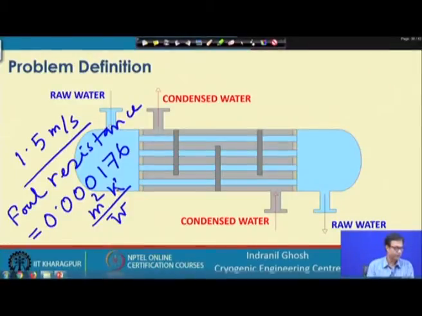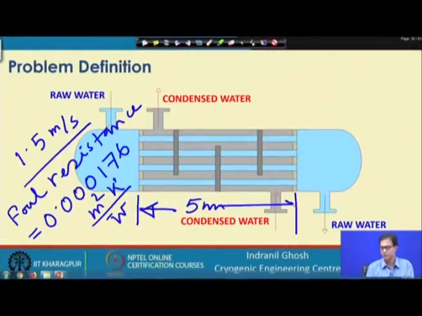This is the foul coefficient and foul resistance. The tube length of this heat exchanger has already been specified because of the length constraint or space constraint. It cannot be more than 5 meter. So, we will work with 5 meter maximum length.